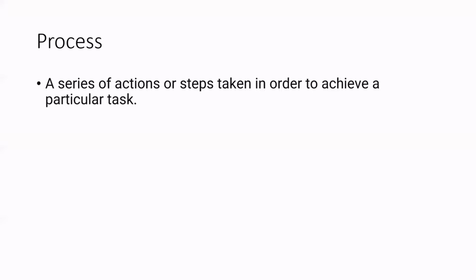Then we pour sugar, then tea leaves. So there are step by step actions we have to perform to complete the task, that is, to make a cup of tea. Those steps all together are called a process.